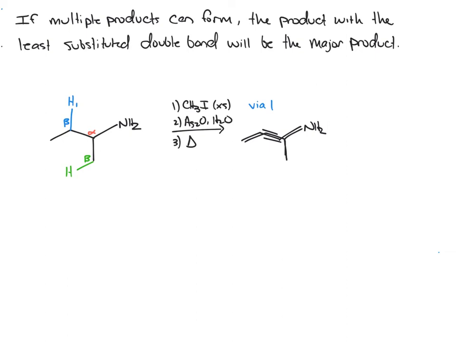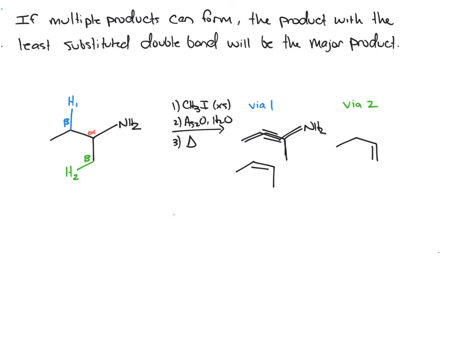Okay, and potentially, depending on the stereochemistry you start with, potentially the cis or the trans isomer. Okay, but if instead we go through, say, beta hydrogen type 2, if we eliminate across that alpha-beta bond, we would get this product.